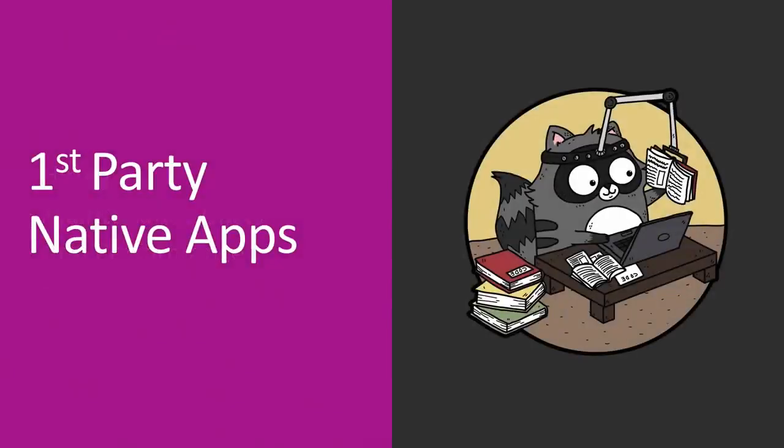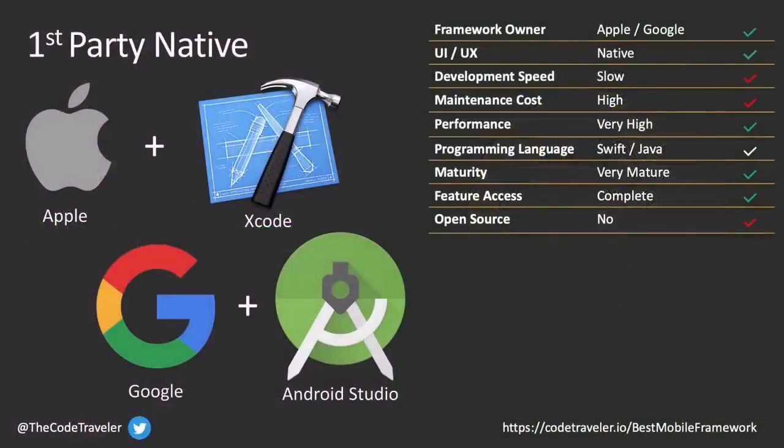So let's start today by talking about the first-party native apps. Now, these are the tools created by the creators of iOS and Android, who are Apple and Google. Apple makes iOS, and they also make the Xcode development toolkit that allows you to create native iOS apps in Objective-C and Swift.